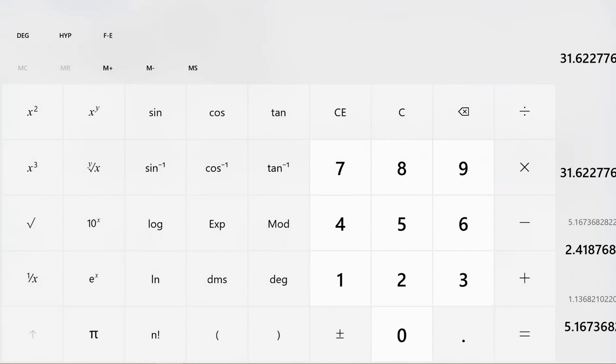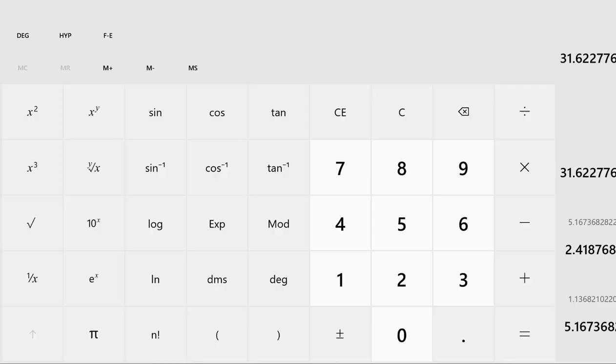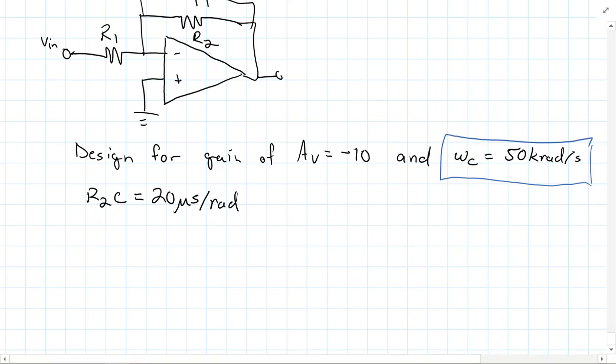And of course the calculator here, Windows is not doing what I want it to do. So if I do this, I believe that you get R2 times C has to be equal to 20 microseconds per radian. Let me just double check that again. Yeah, 20 microseconds per radian.